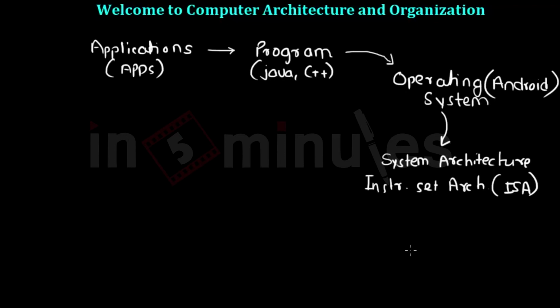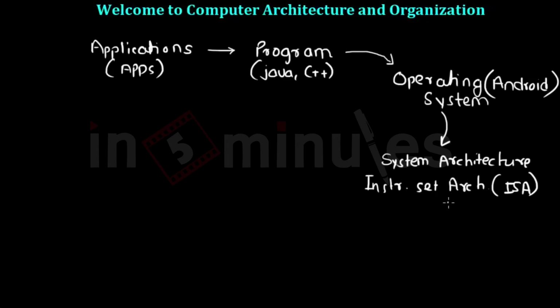We saw that the operating system converts programs into machine language, and system architecture specifies what kind of instructions or basic operations the CPU, or central processing unit, of that device can perform. So it provides the programmer an entire idea of the various parameters and operations available. This is where computer architecture begins.